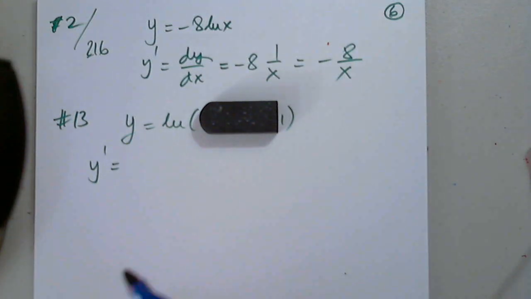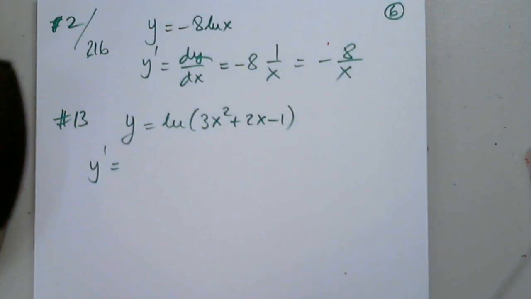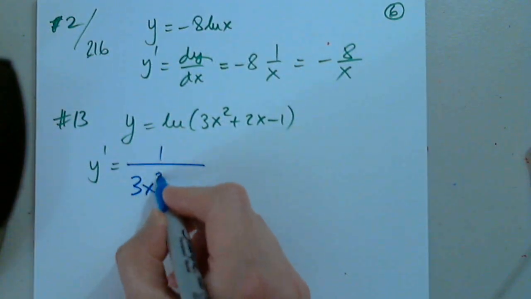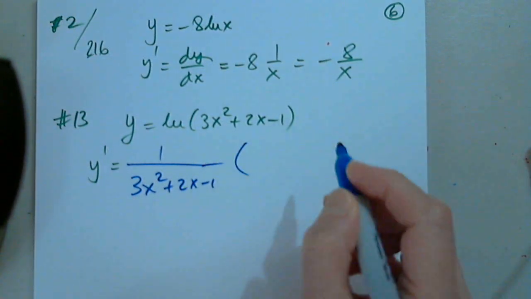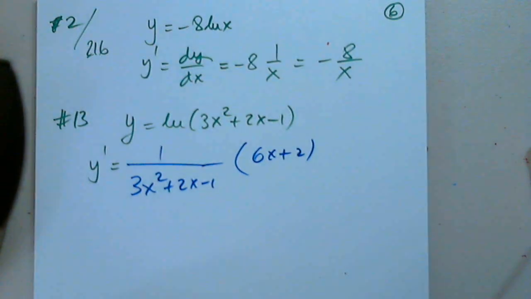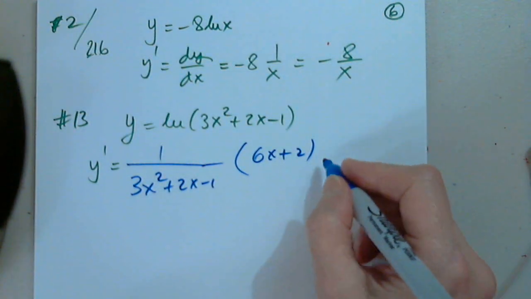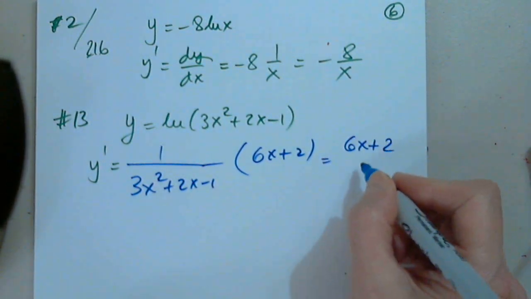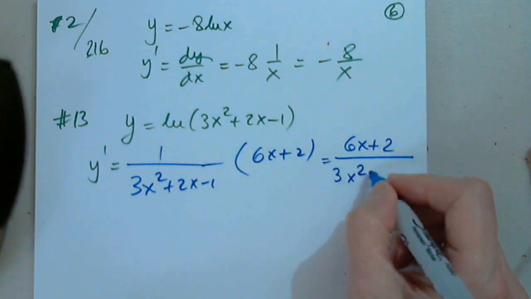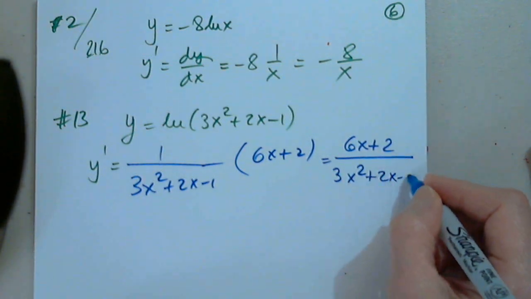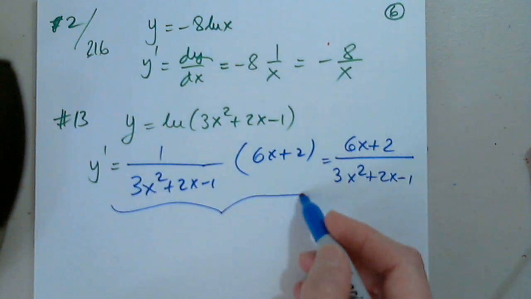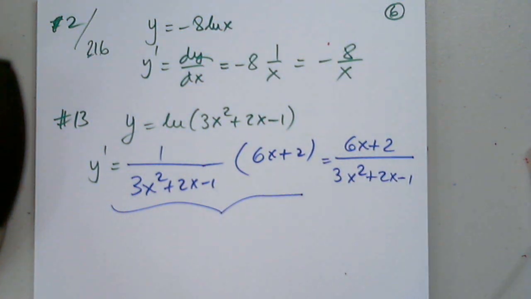Anyone? 1 over 3x squared plus 2x minus 1 times 6x plus 2. That's it. Yes, we can. Very nice. Thank you very much. So we can condense it nicely. But this is good enough. No problem there.